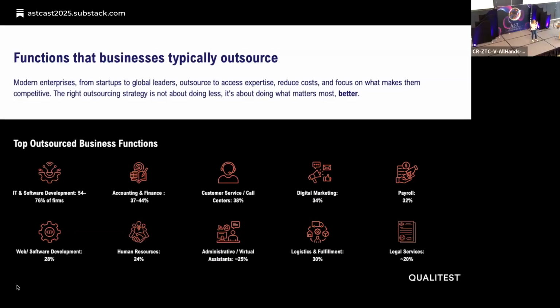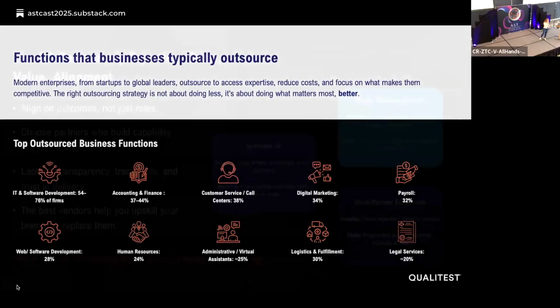Mostly it's IT, but there's also accounting and finance, call centers, administrative assistants, logistics, legal services, payroll, obviously software development and HR. But anything that's core to you, you should look at doing yourself. So unless you're FedEx, UPS, or ADP, you're probably going to outsource a lot of those other areas because there's no advantage to doing it yourself.